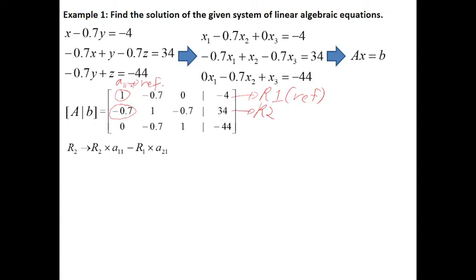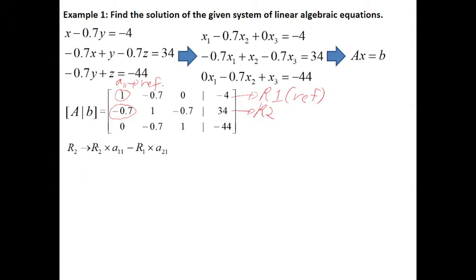Pag sinabi nating reference element, ito yung mga elements na nasa major diagonal, no? Ito yung major diagonal natin. Since ang ating concern ay palitan ng 0 itong negative 0.7, ang gagamitin nating reference element ay yung nasa itaas niya. Okay? Which is A sub 1, 1.